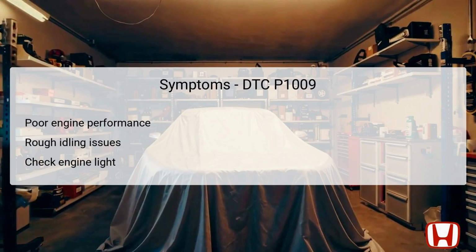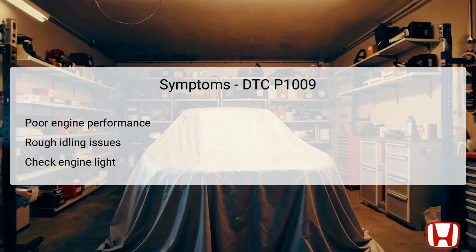The symptoms associated with DTC P1009 typically manifest as poor engine performance, which may include sluggish acceleration or decreased power when driving. Drivers may notice rough idling, where the engine feels uneven or unstable at a standstill, indicating potential issues with the timing of the engine valves.